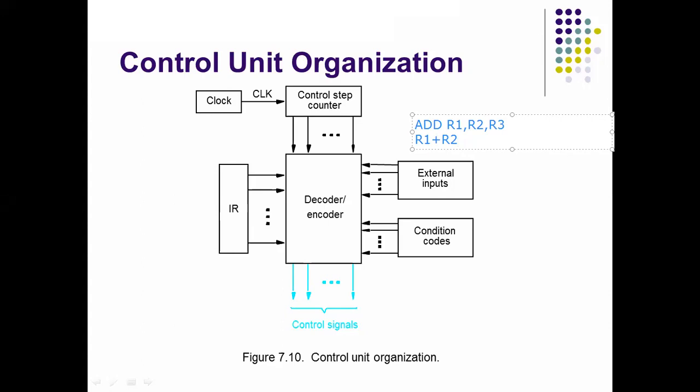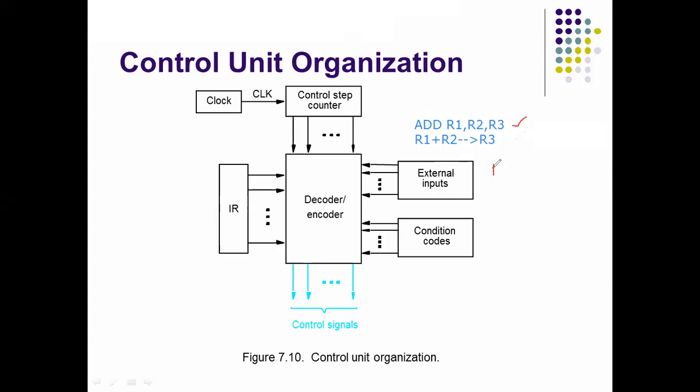That means the data in R1 and the data in R2 are added. Where is the result stored? That result is stored in R3. That means for doing this instruction, how many steps do we need? To execute this instruction, how many steps do we need?